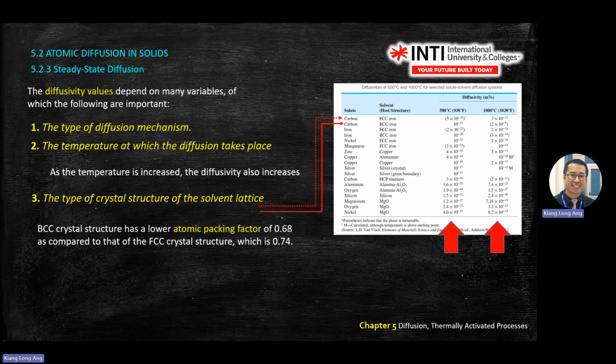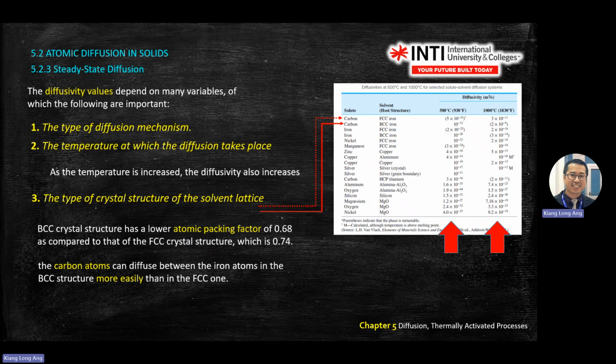The third one is the type of crystal structure in the solvent lattice. So these are the factors when we use Fick's law, and how they affect the diffusion rates.